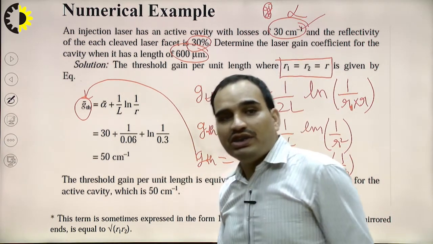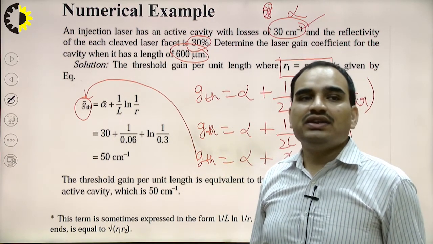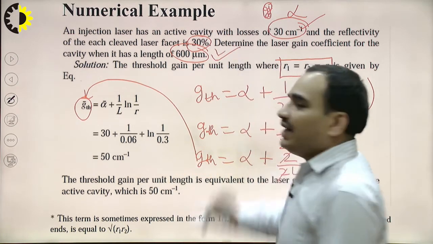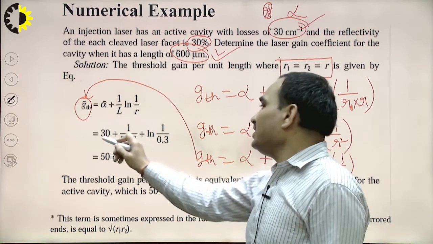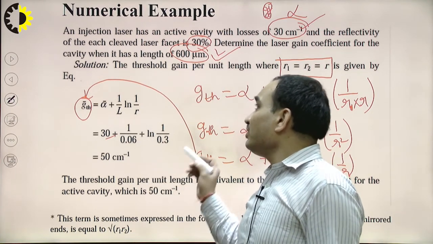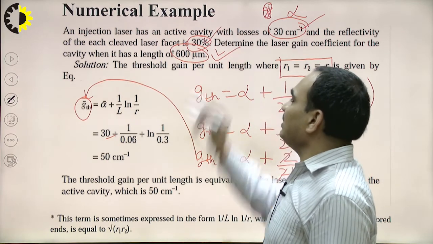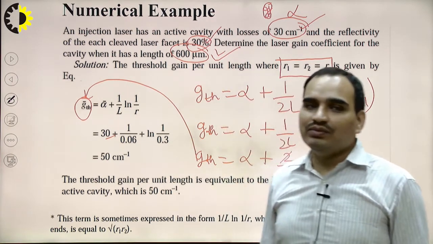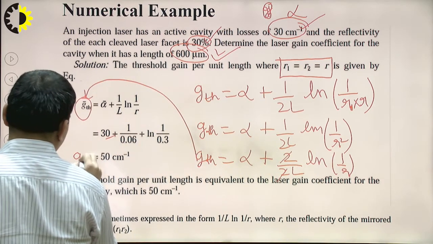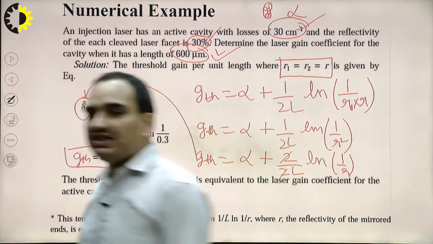Now substituting the values, we have alpha given as 30 per centimeter. Then the length capital L is given as 600 micrometers, that is 0.06 centimeters. The reflectivity is 30%, which means 0.3. So we get the gain coefficient Gth as 50 per centimeter.